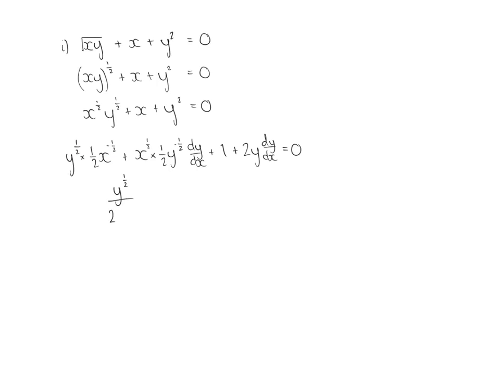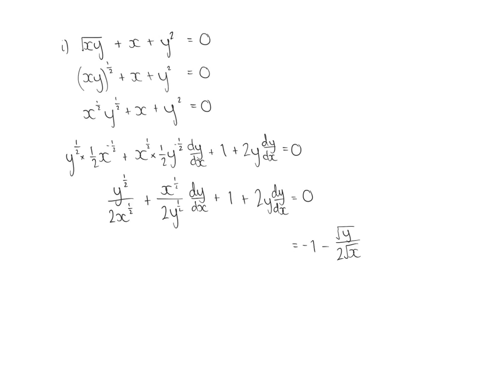So we'll take the x to the minus half to the bottom, the 2 from the half goes to the bottom, same goes there, times dy by dx, other two terms come down, and then we're factorising dy by dx out, so move everything else to the other side, so minus 1 minus y to the half over 2x to the half.